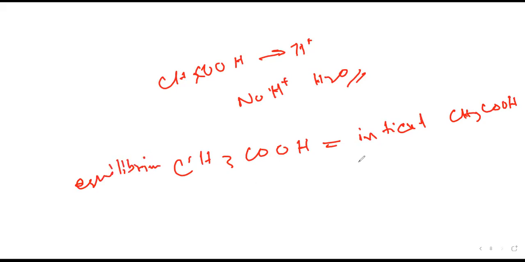Now, obviously, there will be some error. Why? Try to think: if this does react, or dissociate, obviously the value of CH3COOH is going to decrease, because it itself has to break down. After breaking down, it is going to form the H plus and CH3COO minus.